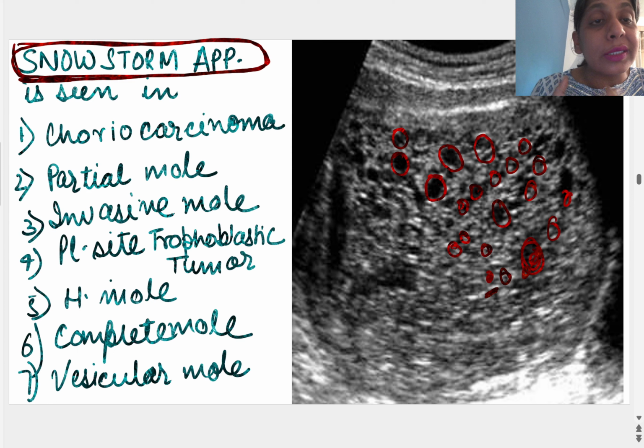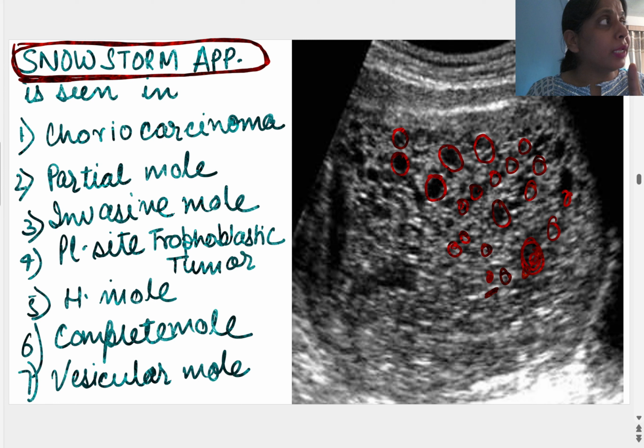Choriocarcinoma is when this molar pregnancy, after 5-6 weeks, changes into a cancer, a neoplasia. Choriocarcinoma doesn't mean molar pregnancy, so you will never mark snowstorm appearance in choriocarcinoma. Snowstorm appearance is in the complete mole.